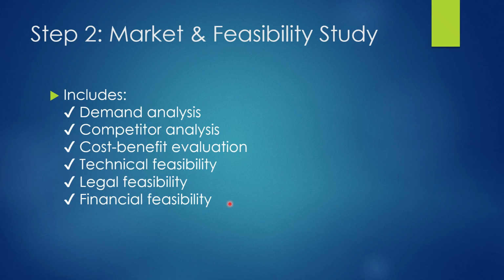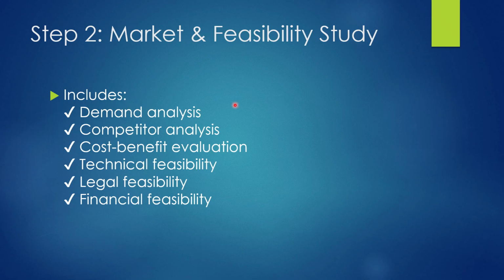The next is legal feasibility. Here we check all the licensing requirements, the registration processes, and the government rules that have been set for doing a particular business. Then we look at operational feasibility, which ensures that the business can function smoothly with all the available resources.